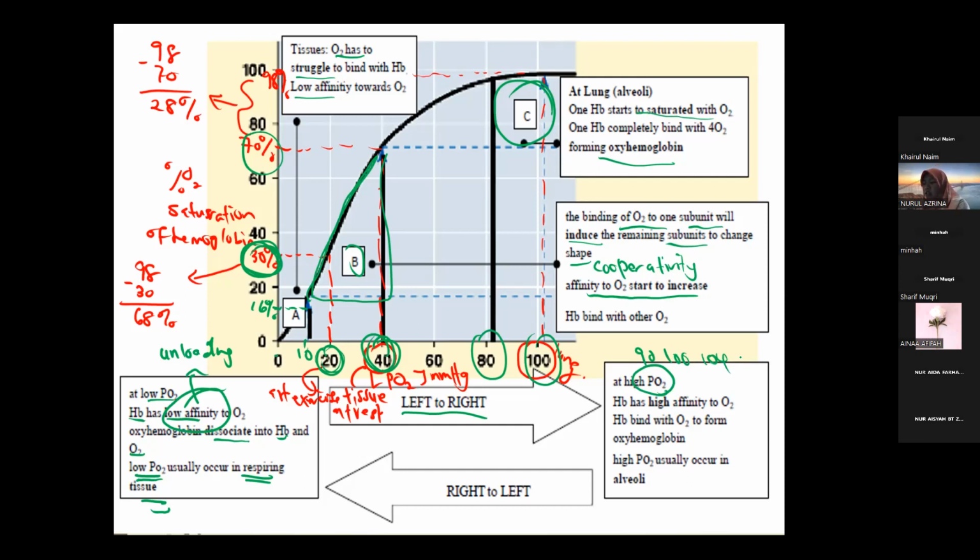So at this high partial pressure, hemoglobin has high affinity to oxygen. High affinity over here refers to the affinity for loading oxygen, all right, to form oxyhemoglobin. And this usually happens in the alveoli. Okay, all right. This is all that you have to understand related to the oxygen dissociation curve.